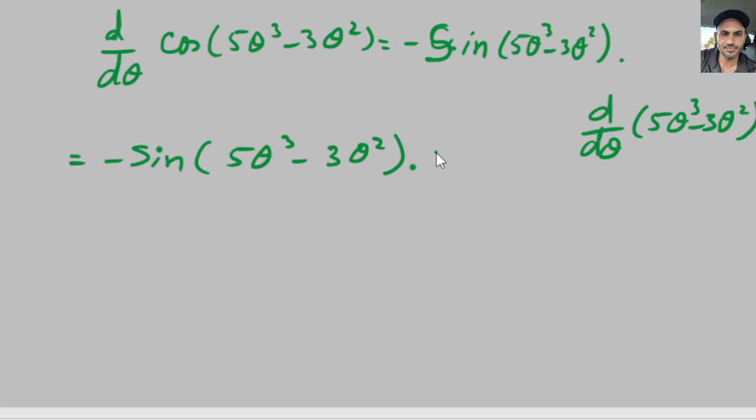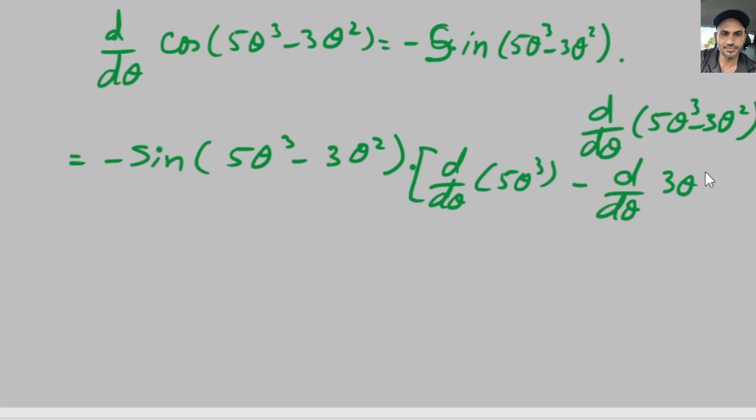We can write it as d over d theta of 5 theta cubed minus d over d theta of 3 theta squared, or we can just take the derivative directly, whichever is easier for you to understand. I just wanted to show you how to take the derivative.